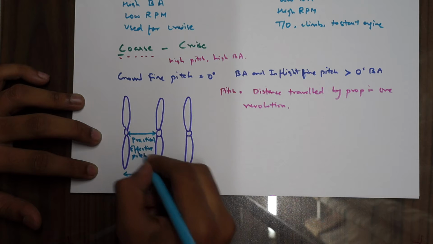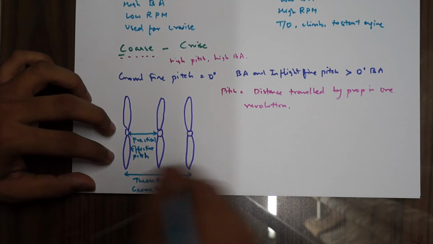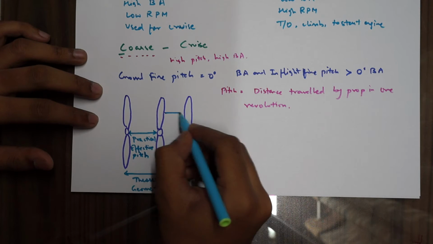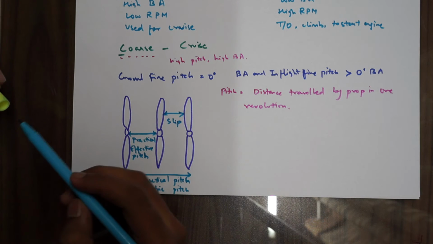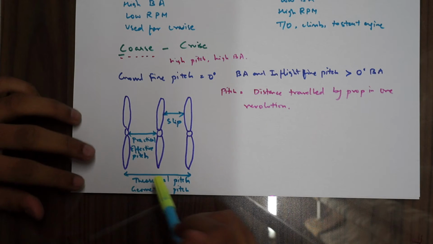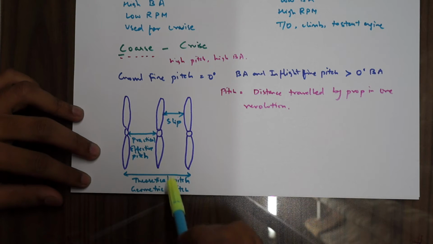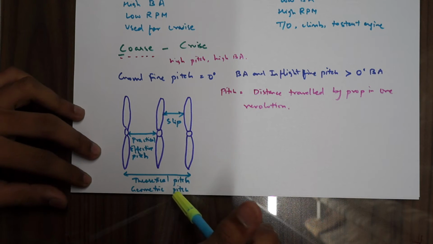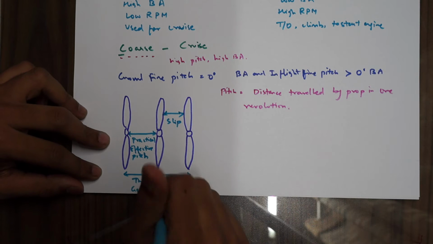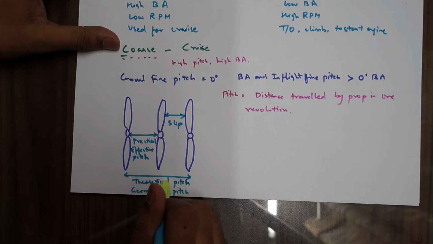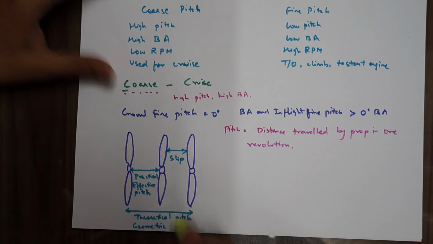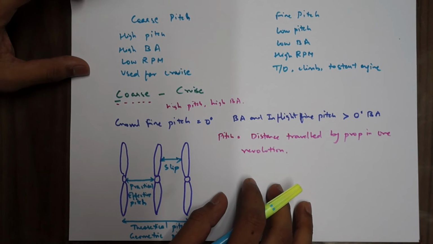So this is the actual effective pitch that the propeller travels. This gap is called your propeller slip. Practical effective pitch is always less than the theoretical geometric pitch, because theoretical would happen in a perfect fluid where there is no friction, but that's not going to happen. So these 3 definitions are generally asked in the exams.